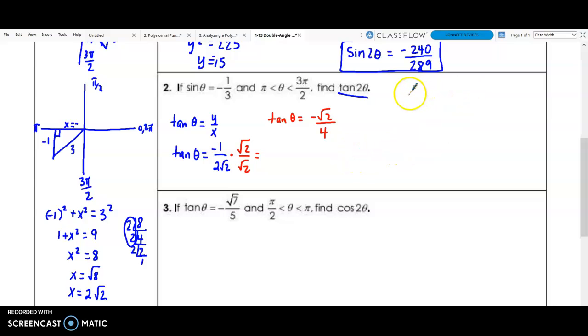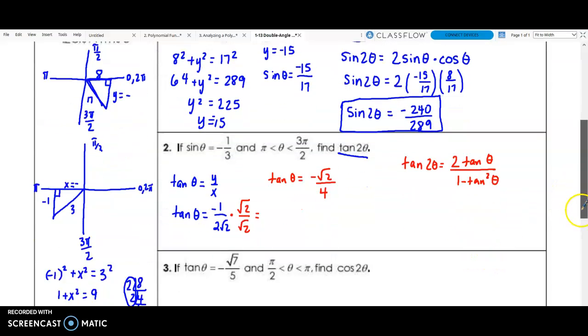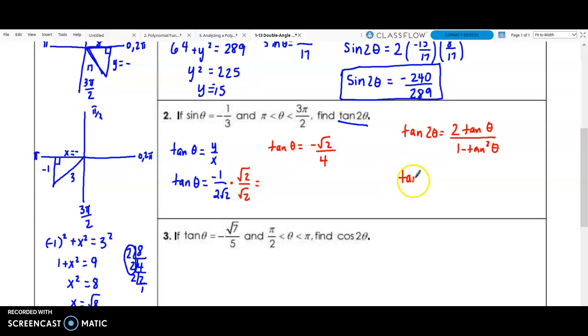But we want to find tangent of 2 theta. The formula is up here. It's going to be 2 tangent theta over 1 minus tangent squared theta. So 2 times tangent of theta, which we just found as negative square root of 2 over 4.